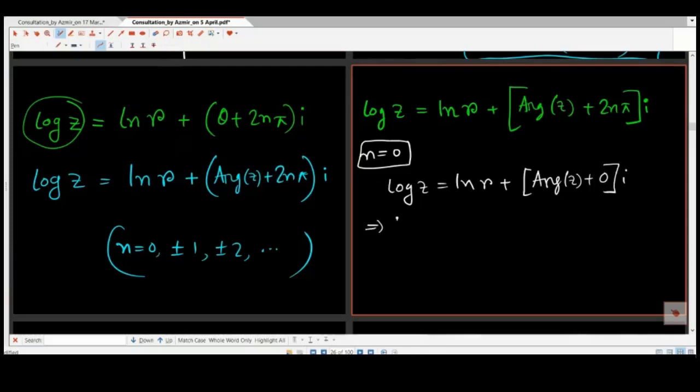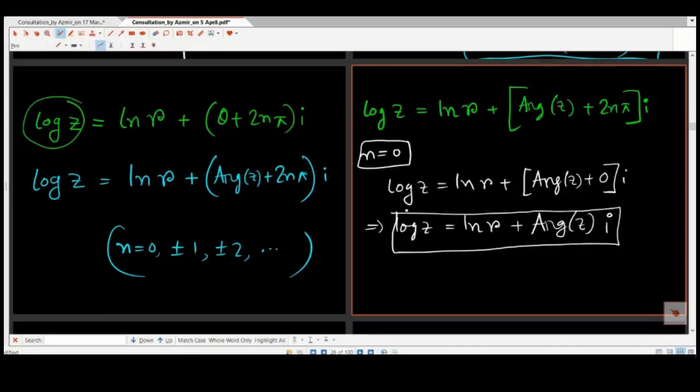So we have log z equals natural log of r plus argument of z i. So that means we have found one output.